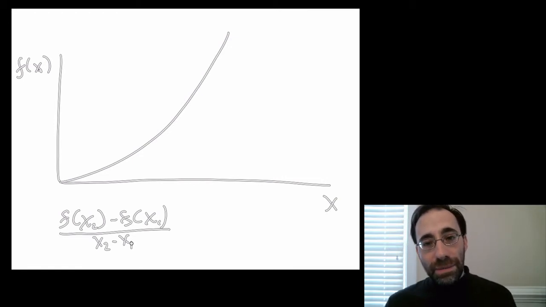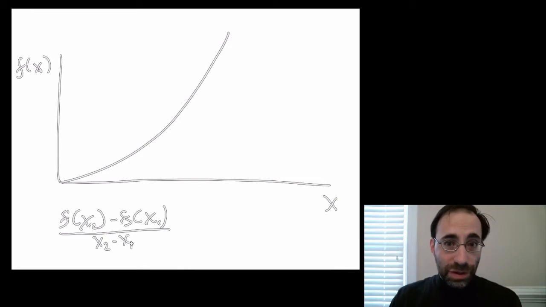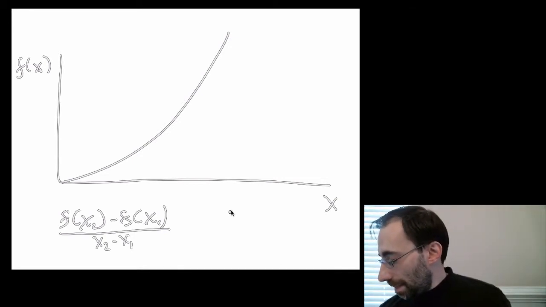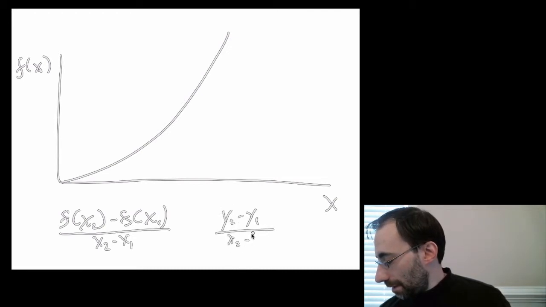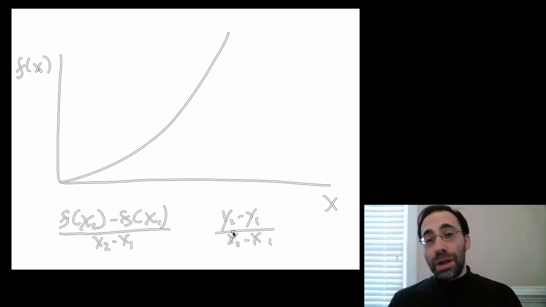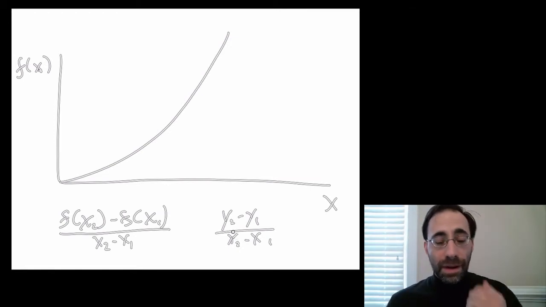That form would actually be of interest to you, and probably is known to you. If not, if you haven't seen it like that, maybe you've seen it like this in the past. If you don't remember that, that's fine. I'll just tell you, that's the slope of a line that connects 2 points.